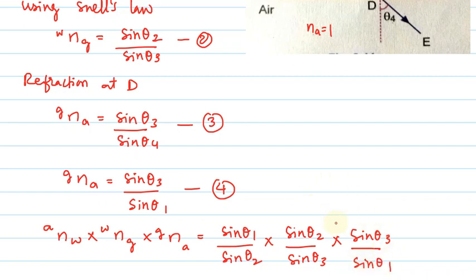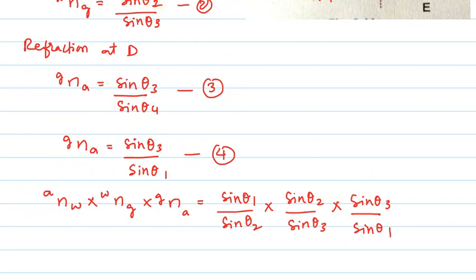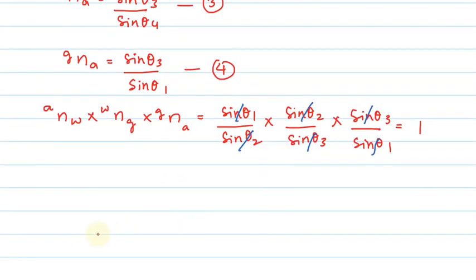Now we can cancel sine theta 1, sine theta 2 and sine theta 3. So this equals 1.